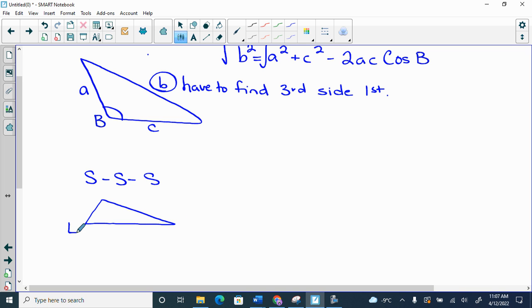This is L, this is N, this is M. This is 10.4 centimeters. This is 21.9 centimeters. This is 18 centimeters. I'm going to ask you to find angle L. Determine angle L.